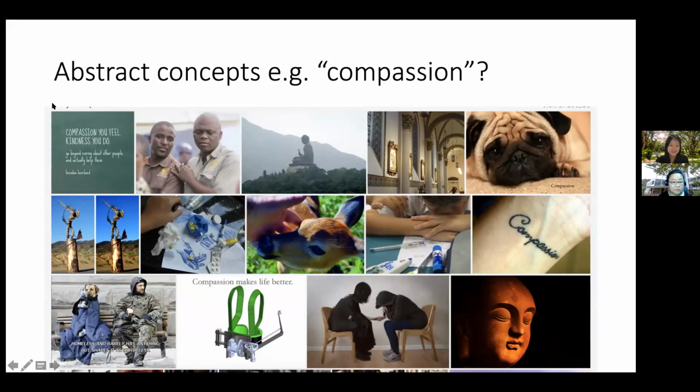What one of my colleagues suggested is that you think of an image that represents very well the abstract concept that you are trying to explain. So she said, for example, for compassion, why don't you just search up hands?